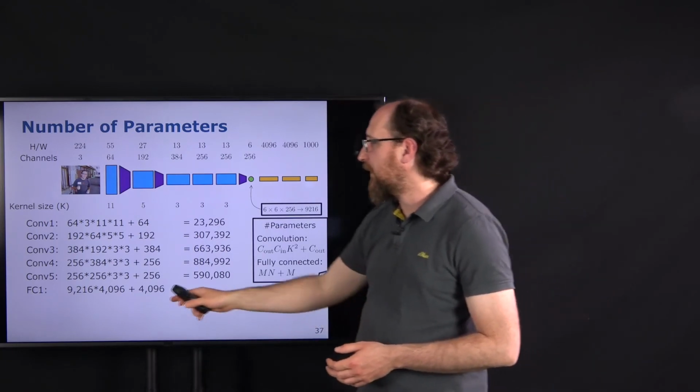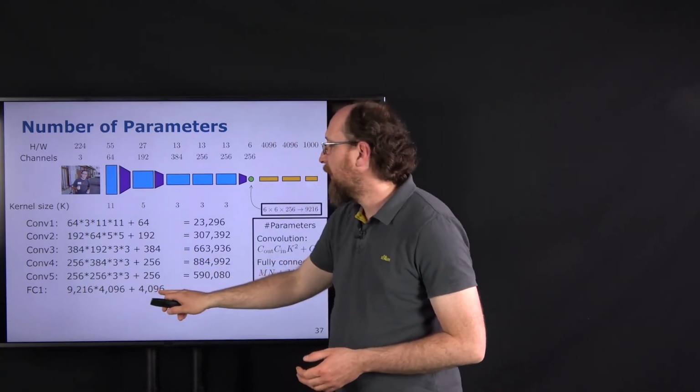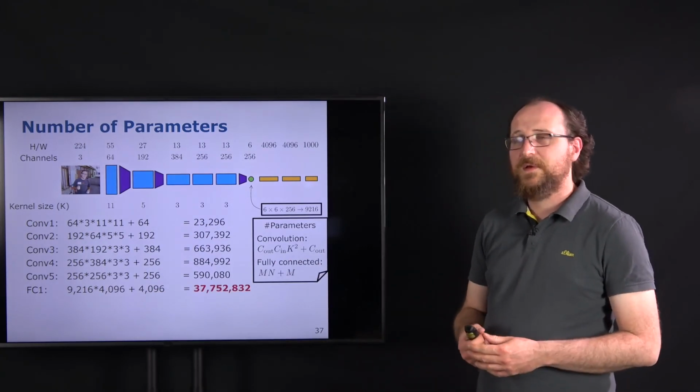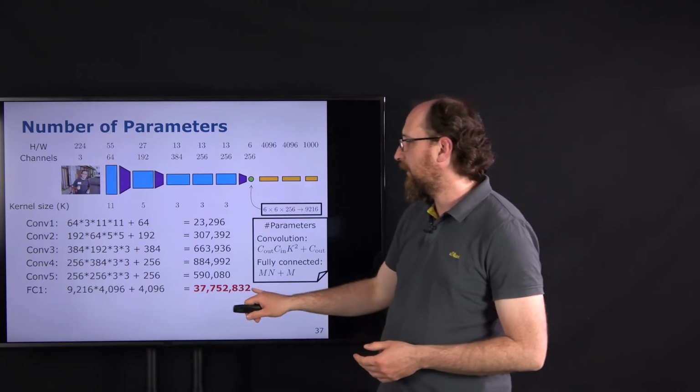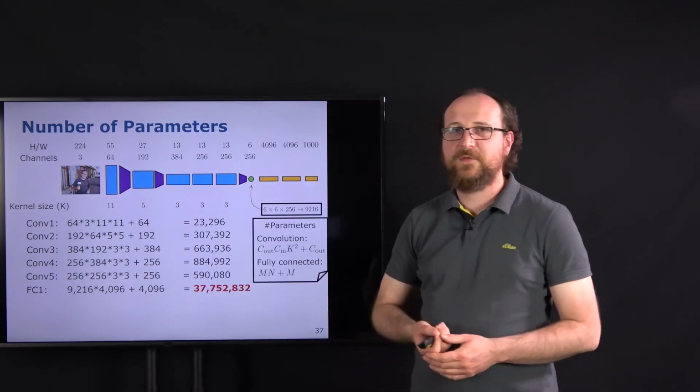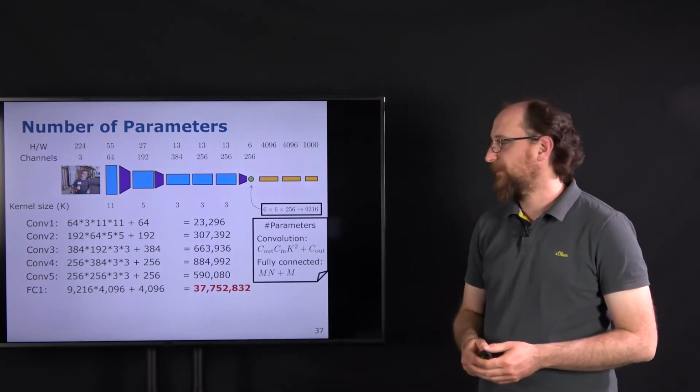This means we have the product of these numbers, and when you do the calculation, you can figure out that in this layer alone we have 37 million parameters.